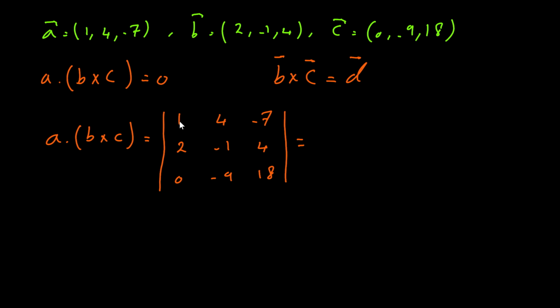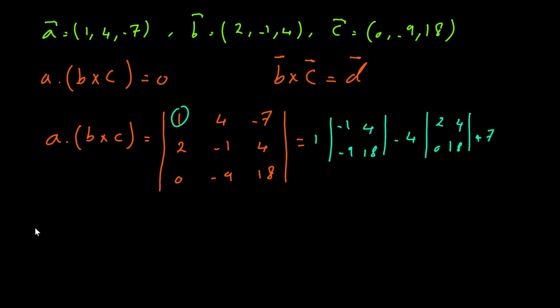So the first one is going to be 1 by that determinant: -1, 4, -9, 18, minus 4 by 2, 4, 0, 18, plus or minus 7. Let me correct my mistake here. So -7 by 2, -1, 0, and -9.